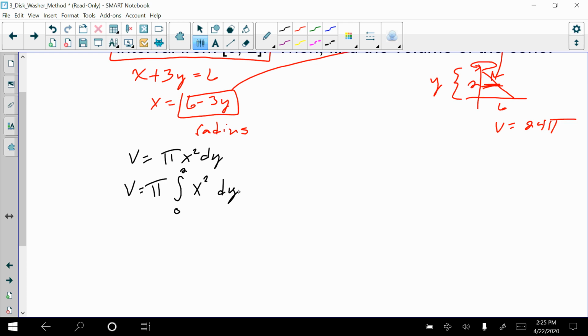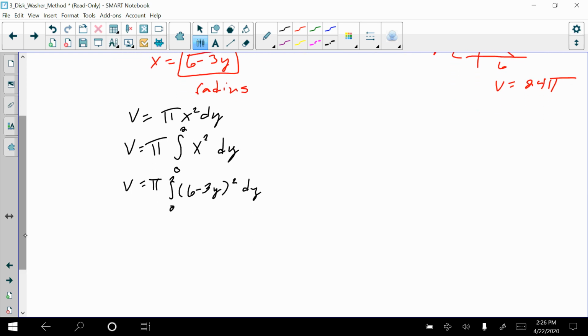When we substitute our expression for x, we're going to get the volume equal to pi times the integral from 0 to 2 of (6 minus 3y squared) dy. And so now you can see everything in the integrand is going to be worked with respect to y.